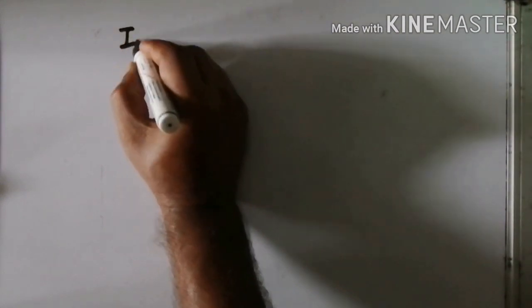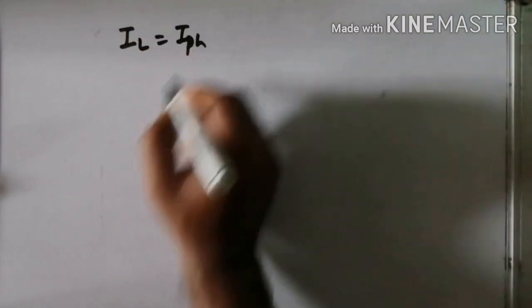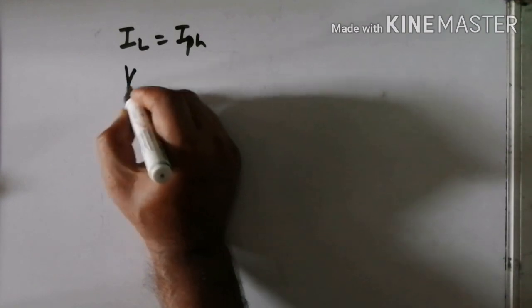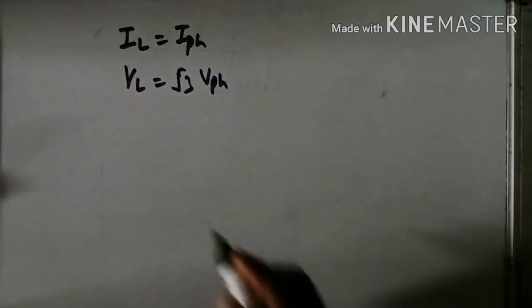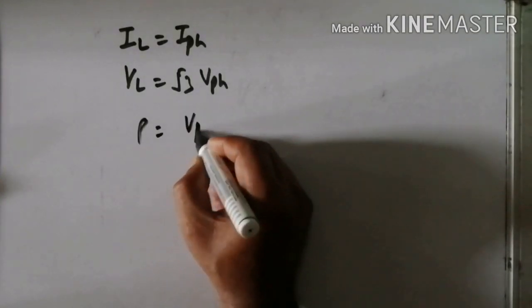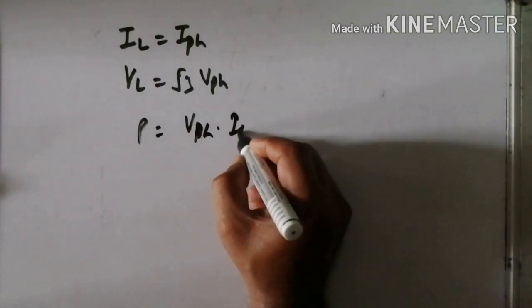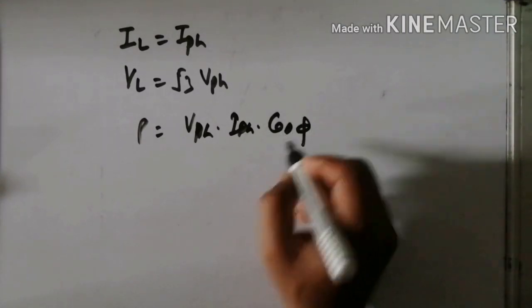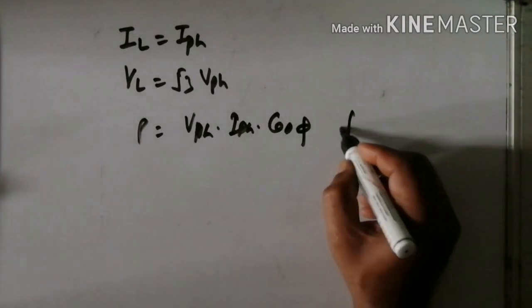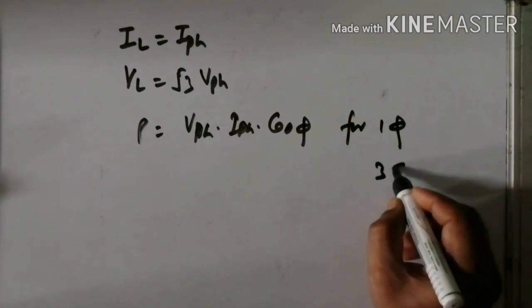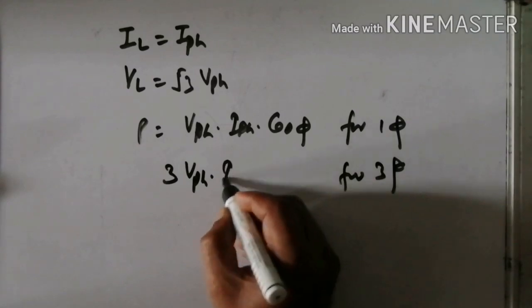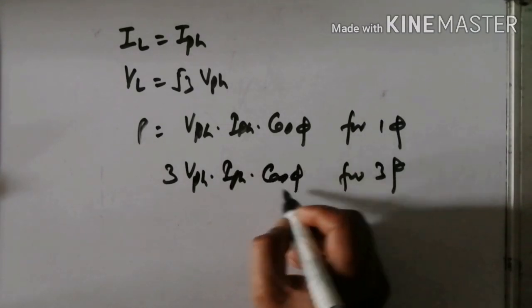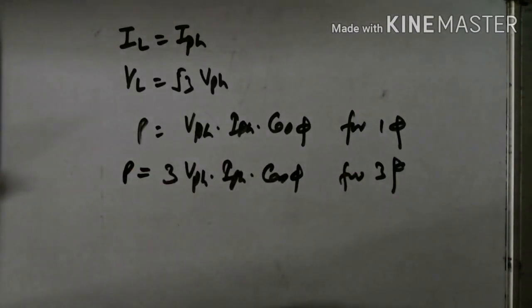So in the case of star, IL is equal to IPH and EL is equal to under root 3 times EPH, and power is EPH IPH cos phi for the single phase, and for 3 phase it is 3 times EPH IPH cos phi, right?